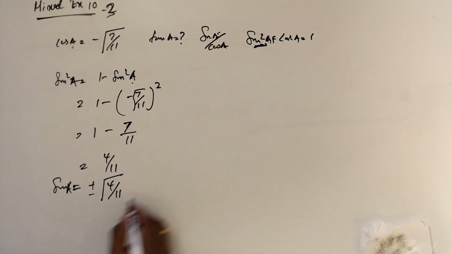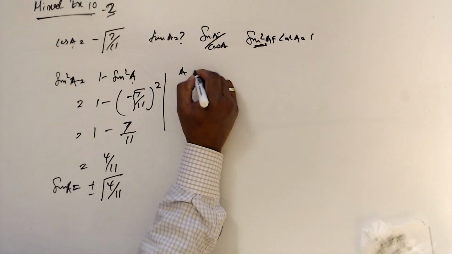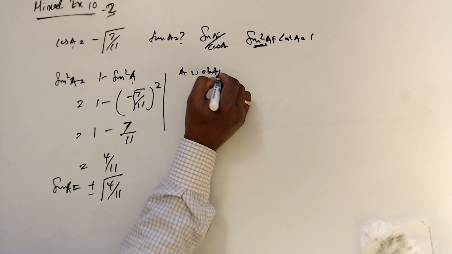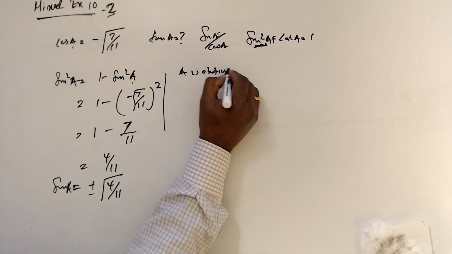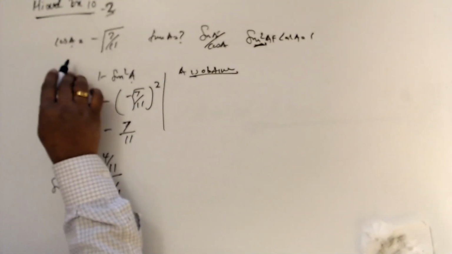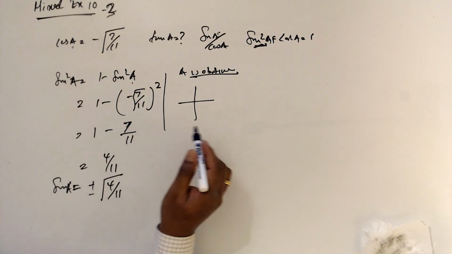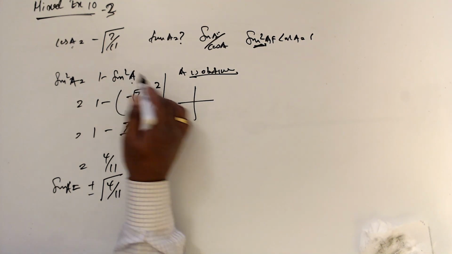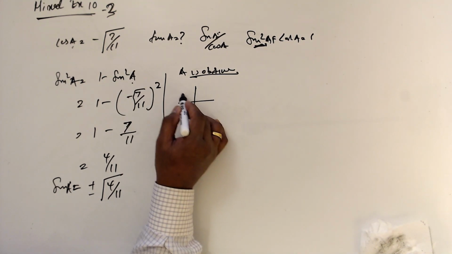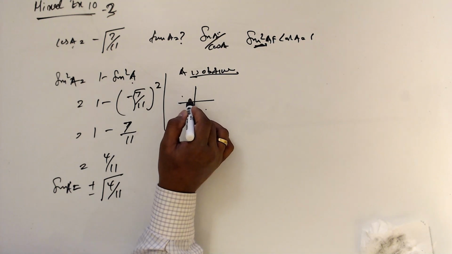Now we have data. A is obtuse. Now cos is negative. We have cos negative in the second quadrant and the fourth quadrant.